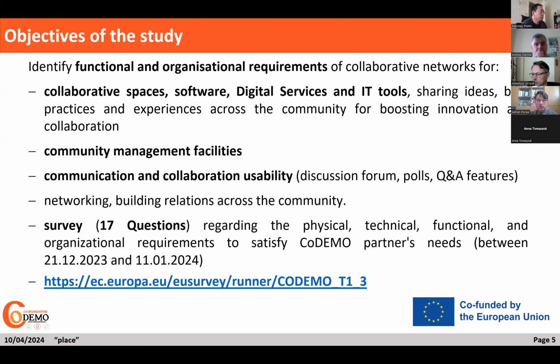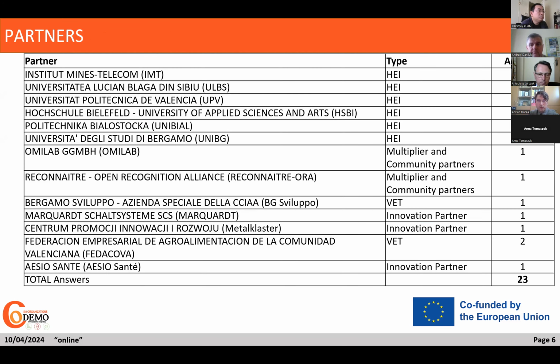Because the survey was set in the holiday period, we limited it to around one, maximum two answers from partners. Of course, we could provide more answers, but each partner has at least one answer to our questions.